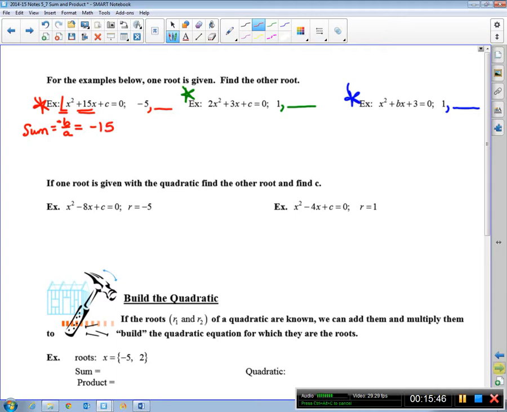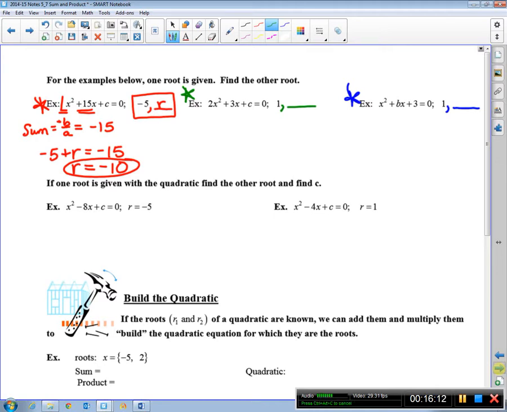So now I know if I added these two up, let's just call that r. If I add negative 5 plus r, I should get negative 15. That means r is negative 10. Just solve that equation.